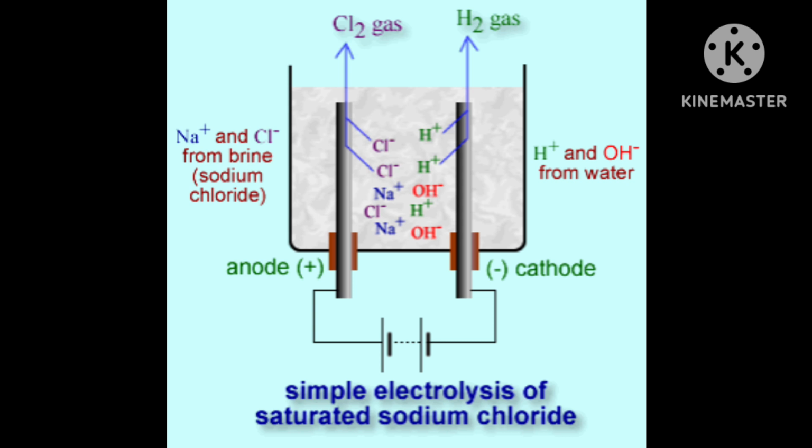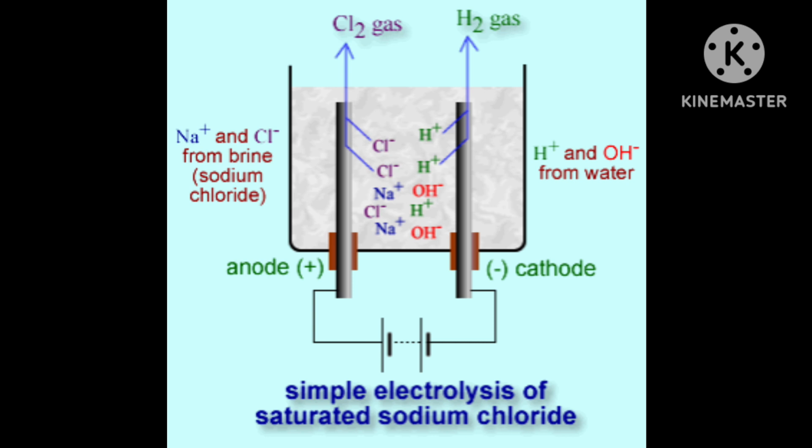Because the electron is used at the cathode, H+ plus 1 electron, but the H+ came from the H2O dissociation, that is called the reaction at the cathode. Now OH- is there and H+ is there.